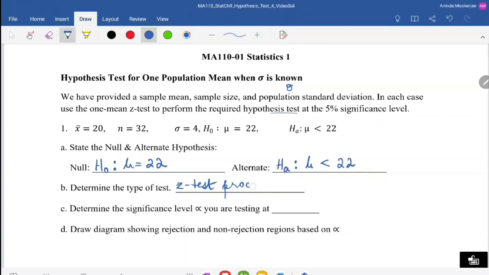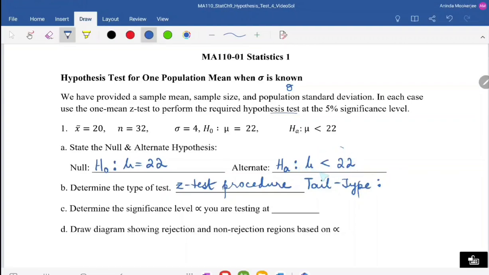However, what they are asking here is the tail type. That means, what tail test is this? So let me write that here, tail type. Now what kind of tail type it's going to be will be determined from the alternate hypothesis statement.